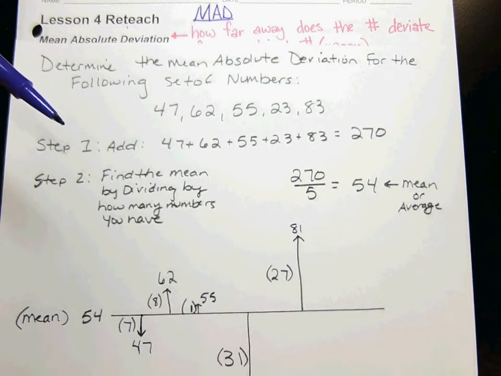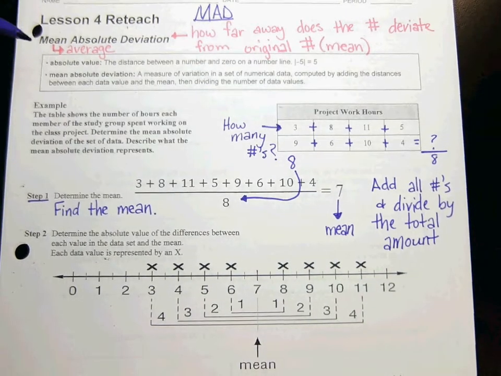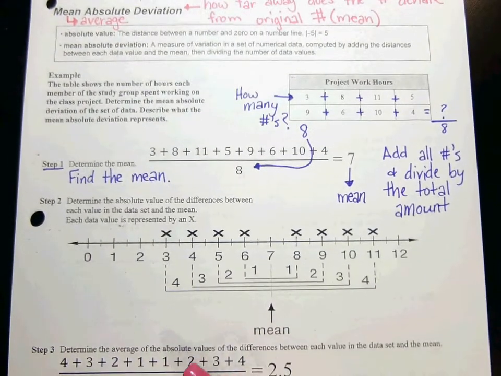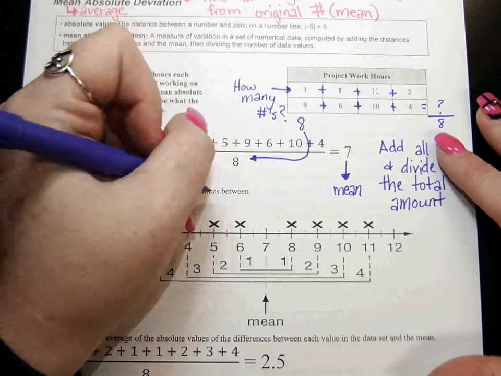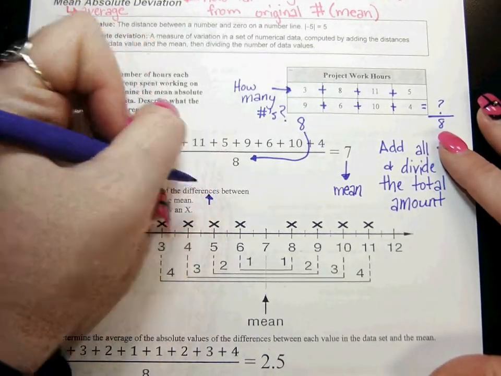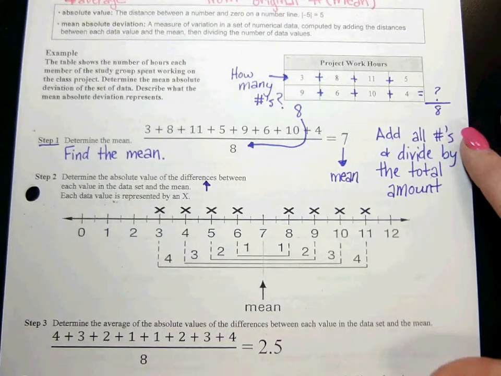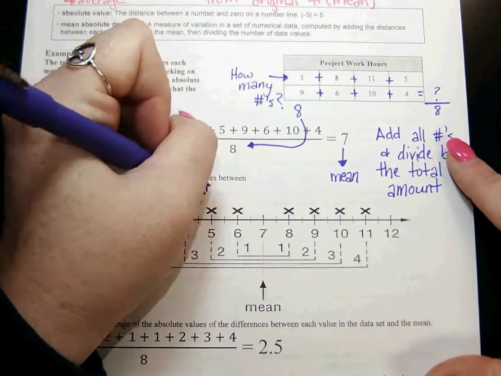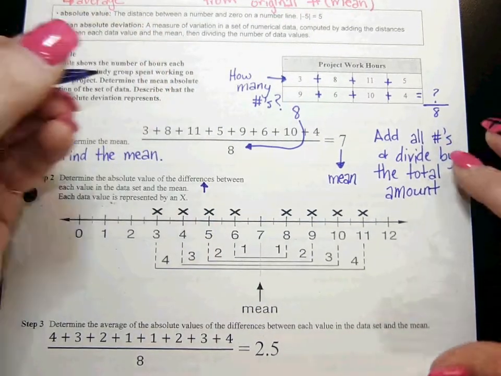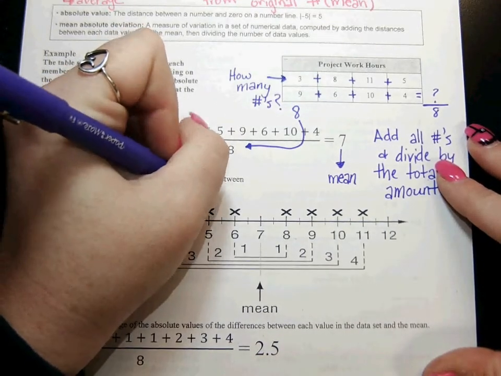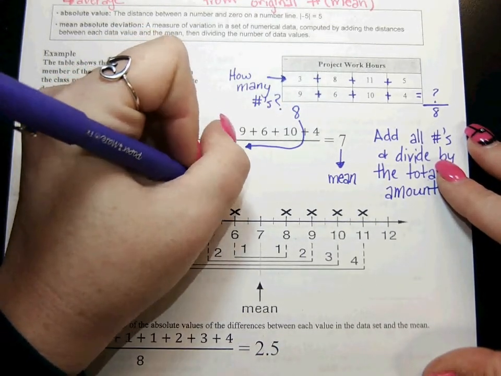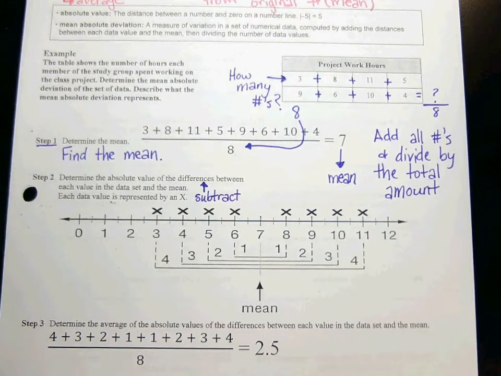Step 3 is to find out how much each number is deviating from the mean, and so you're going to find the absolute value of the differences. What does difference mean? You subtract them, right? You subtract the numbers from the mean.